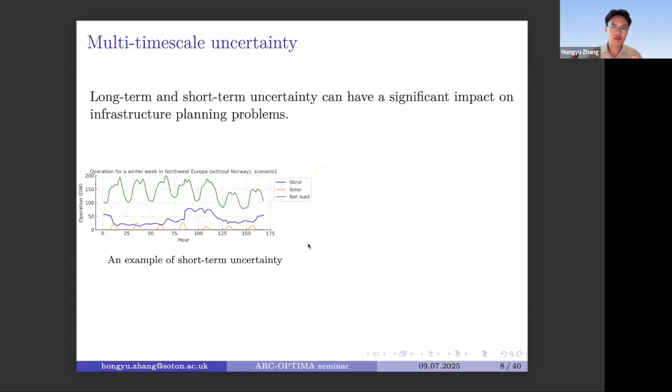One is the short term, where you make your operational decisions, let's say system operation, and also you face uncertainty in the long term, which can be policy uncertainty, let's say the CO2 limits, or let's say the hydrogen policy, for example.